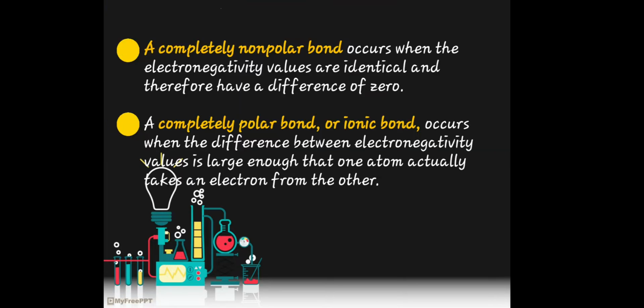Okay, let's proceed. A completely nonpolar bond occurs when the electronegativity values are identical and therefore have a difference of 0. A completely polar bond or ionic bond occurs when the difference between electronegativity values is large enough that one atom actually takes an electron from the other.